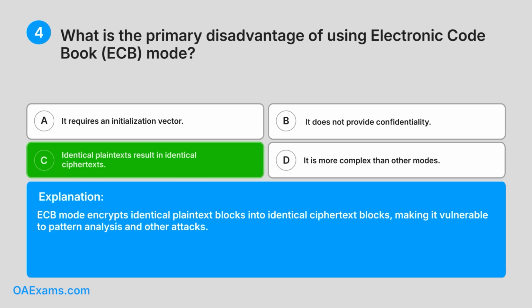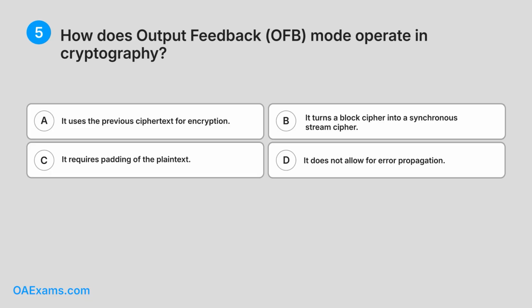5. How does output feedback mode operate in cryptography? A. It uses the previous ciphertext for encryption. B. It turns a block cipher into a synchronous stream cipher. C. It requires padding of the plaintext. D. It does not allow for error propagation.